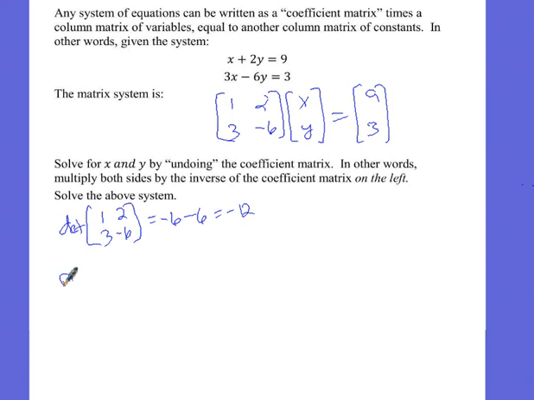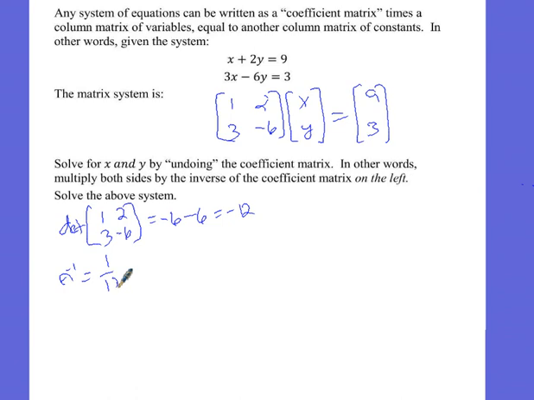We have A to the negative first is what that looks like, but actually that says A inverse equals, what do we write? So 1 over the determinant, which is 1 over negative 12.